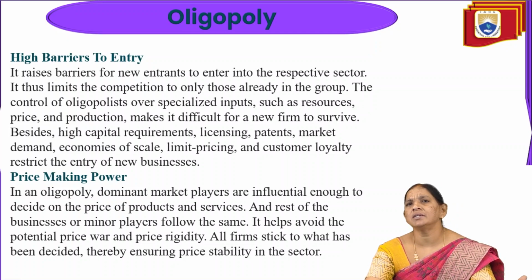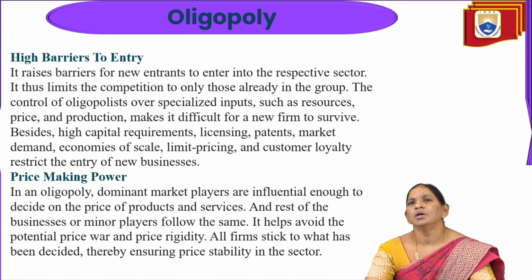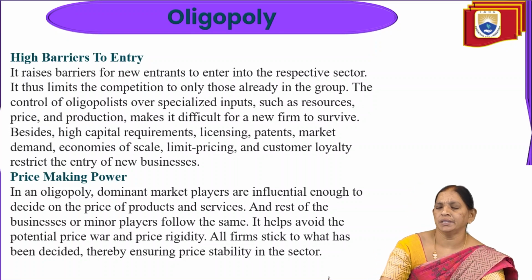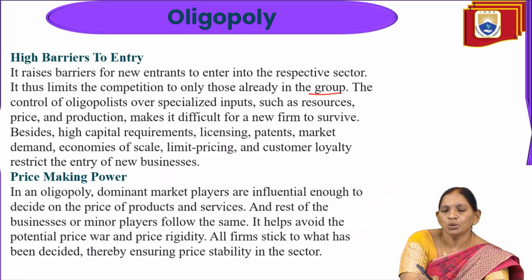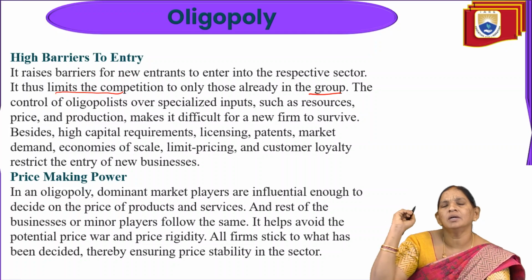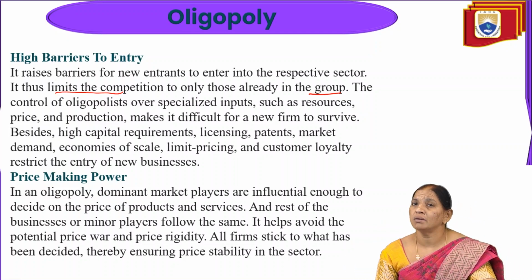Next, first we come to the higher barriers to entry. Already we have seen that oligopoly is a few larger firms which restrict other people from entering the market, so it limits the competition to only those already in the group. Newer people are not encouraged to come into the market.